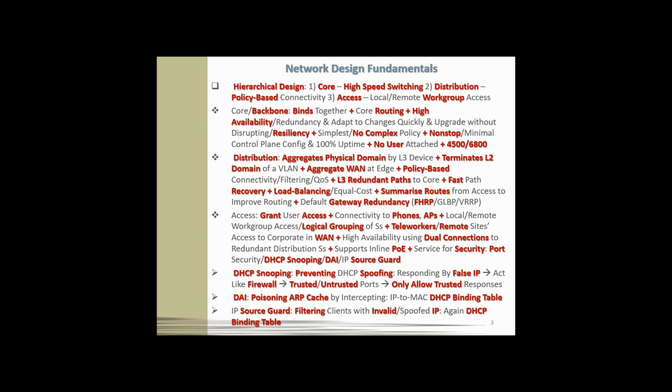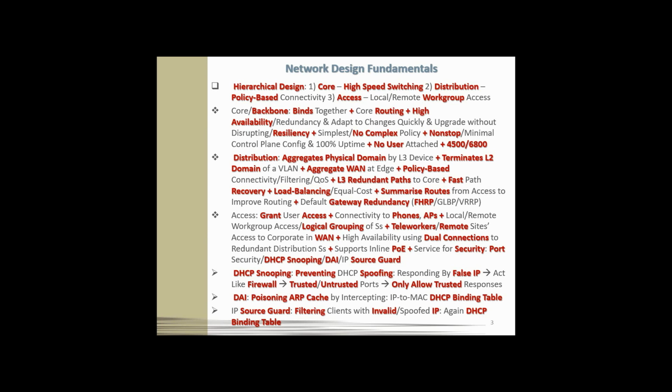Next up is the distribution layer. Distribution layer is supposed to aggregate access layer switches and access layer wiring closets, floors, and also other physical domains that we have with access layer.